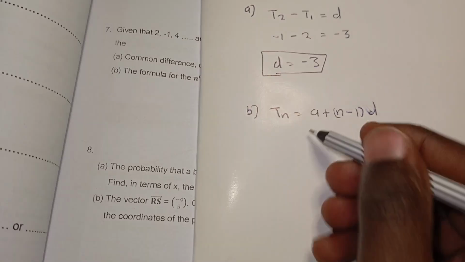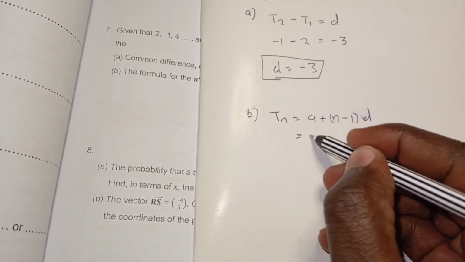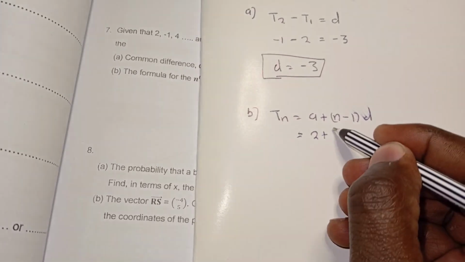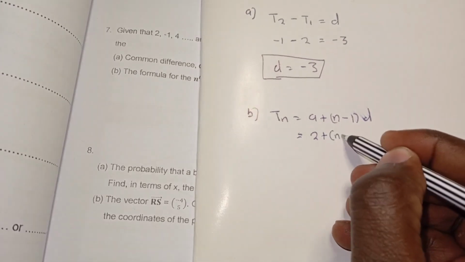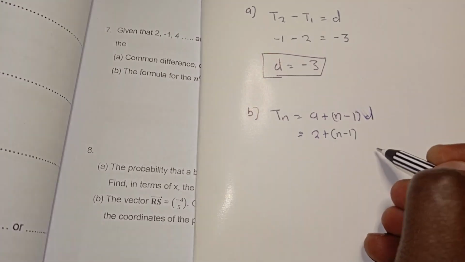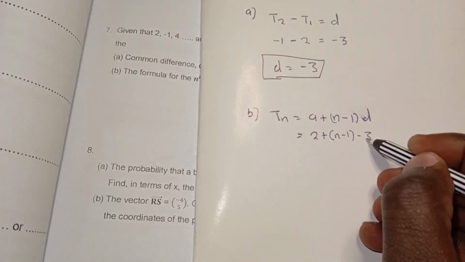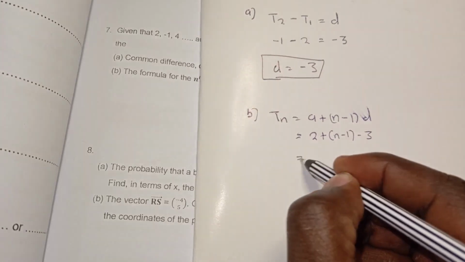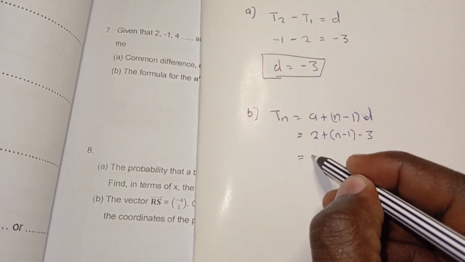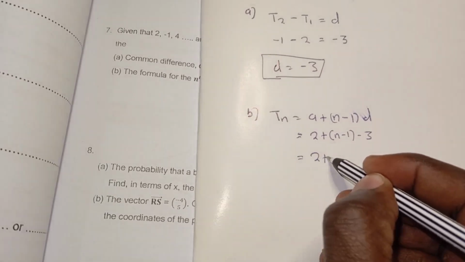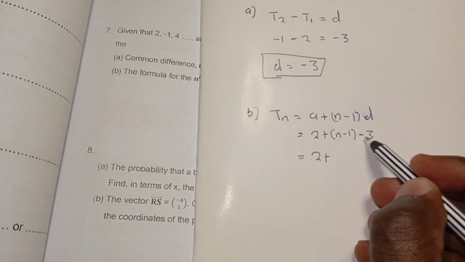So we're going to say 2 plus (n minus 1), and the common difference we found is -3. Then this will be 2 plus -3 times n.